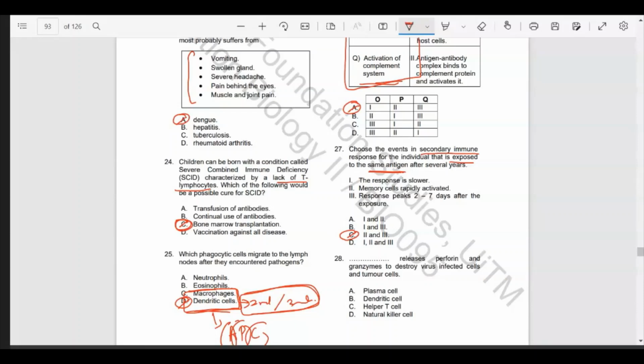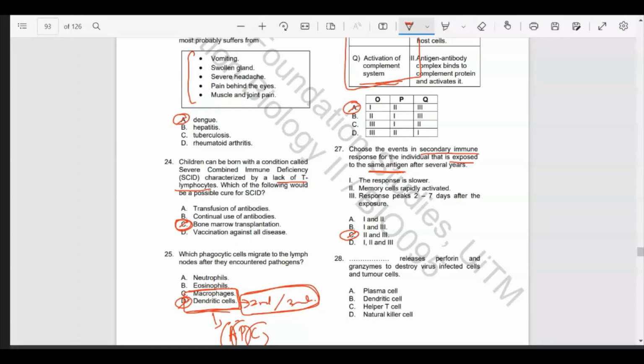Okay, so alright, your third line defense ni kan, acquired immunity ni, dia melibatkan dua phase. Satu, yang pertamanya adalah primary immune response. Primary immune response is when your body is first time infected by a specific virus. Virus A contohnya.